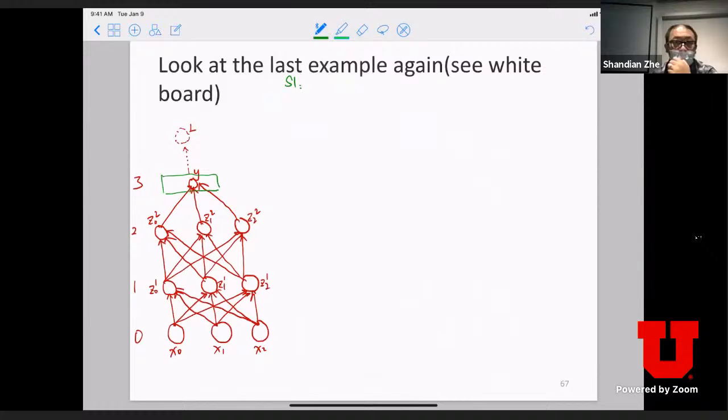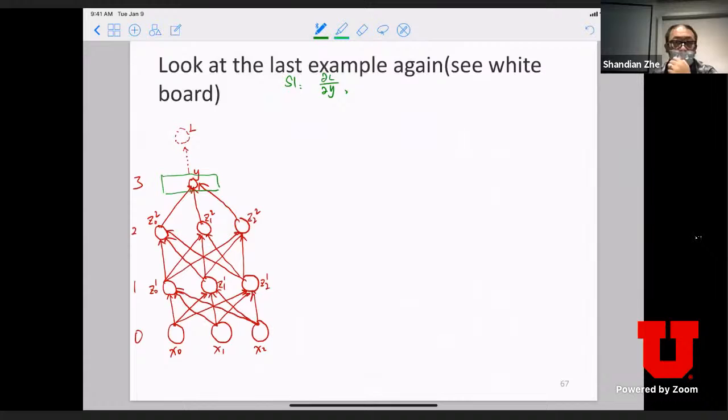The objective in the alpha layer is that we first compute the partial derivative of the loss with respect to all the neurons in the alpha layer. Of course, in the alpha layer, we only have one neuron, so it only has partial L over partial Y. And then we compute the partial derivative of the loss with respect to all the edge weights pointing to the neurons in the alpha layer.